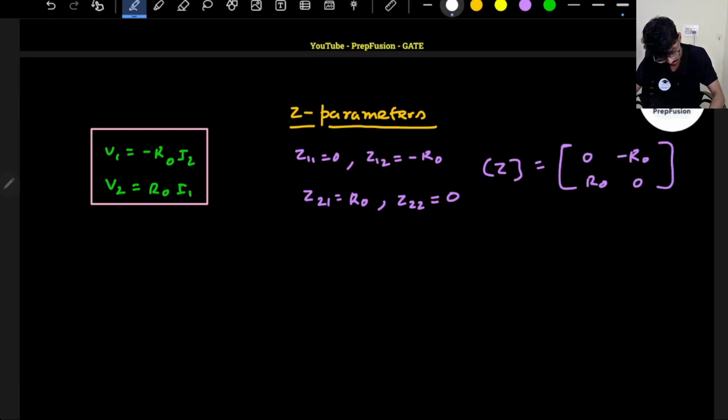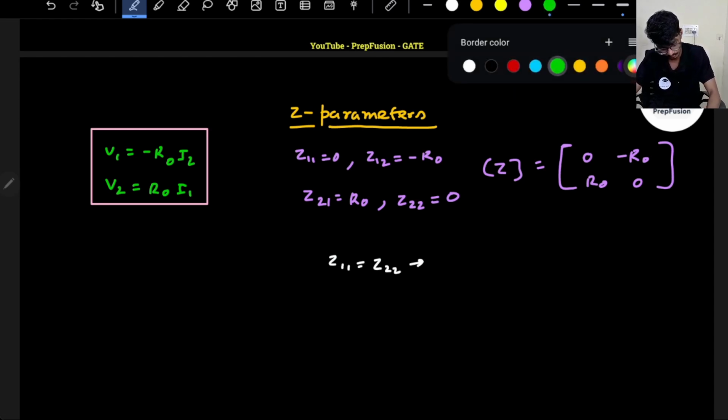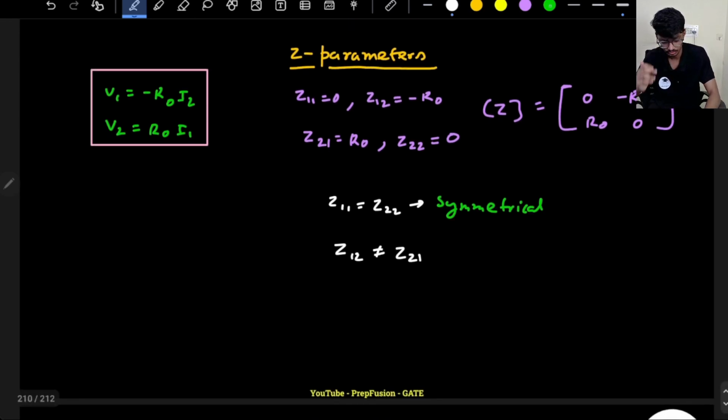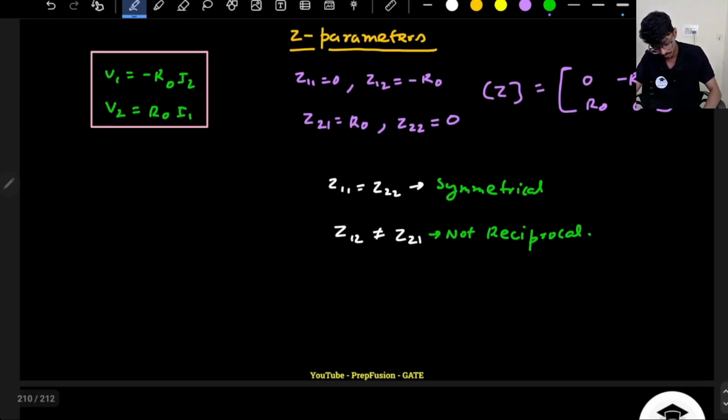It is a symmetrical network, since Z11 equals Z22, but it is not reciprocal. Why is it not reciprocal? Because Z12 is not equal to Z21, hence it is not reciprocal.